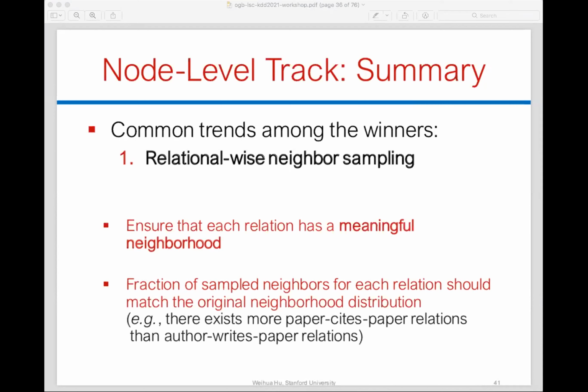And furthermore, we see that the amount of neighbors sampled for each relation should approximately correspond to the original neighborhood distribution. And for example, in the Microsoft Academic Graph, there exist more paper-cites-paper relations than author-writes-paper relations. And so it's natural to sample more paper neighbors than author neighbors as well.